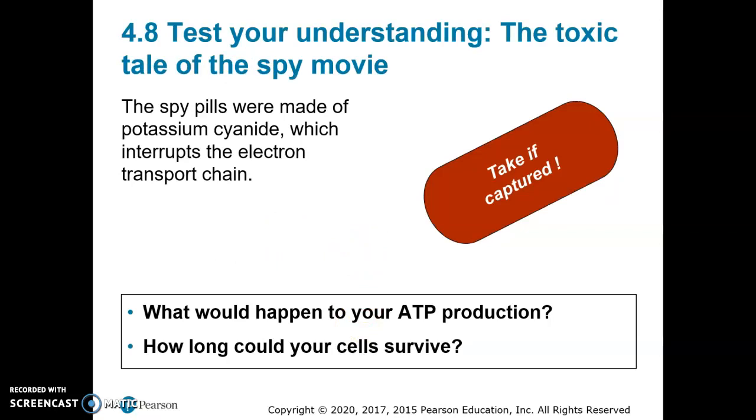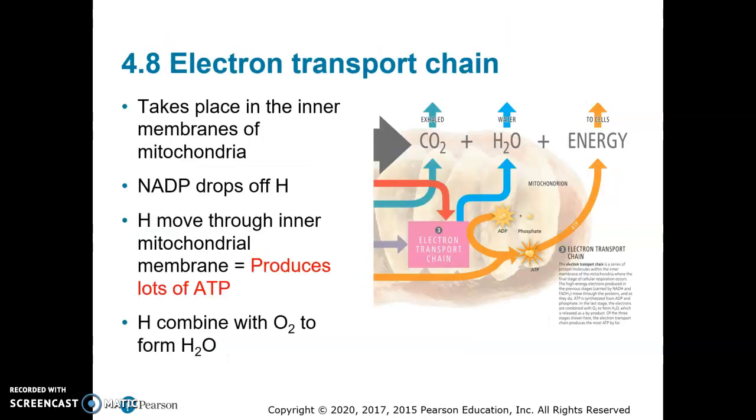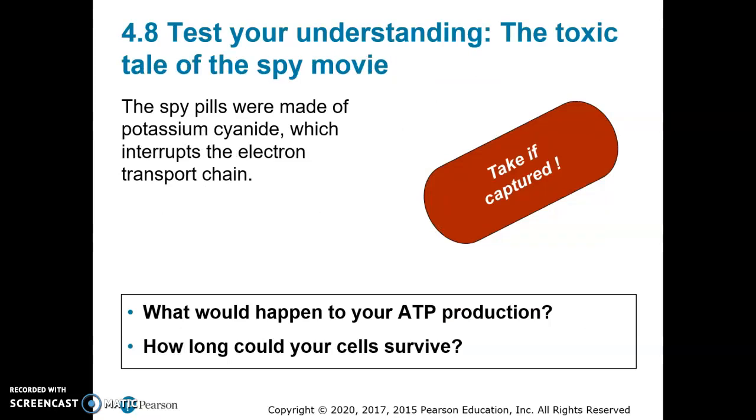And so, here's an interesting question, because you've probably heard or seen, like in James Bond movies, where if James Bond is captured, he's supposed to put a pill underneath his tongue and eat this potassium cyanide pill, and it'll cause him to die immediately. Well, that's true.